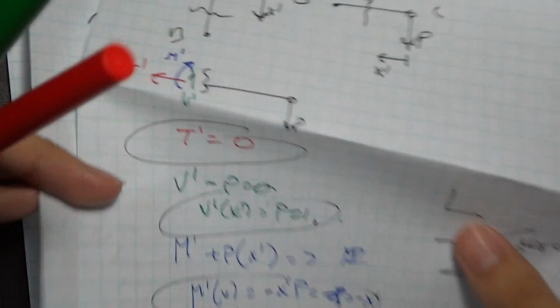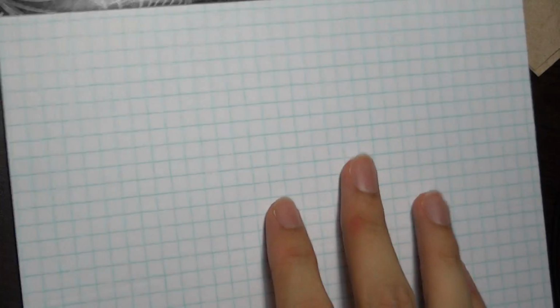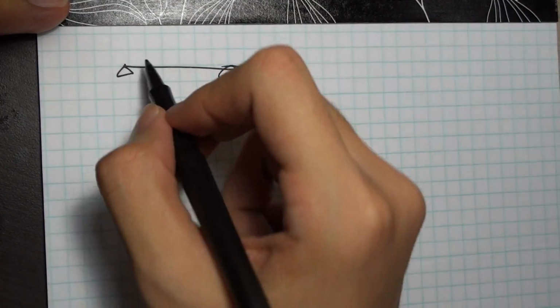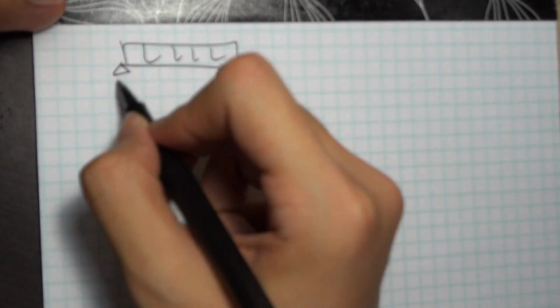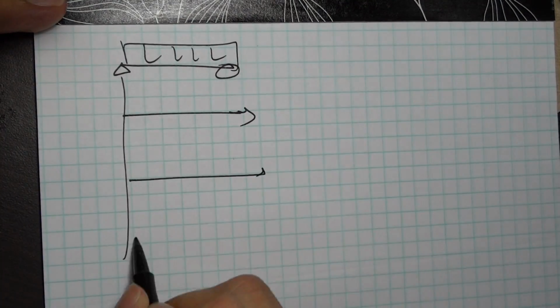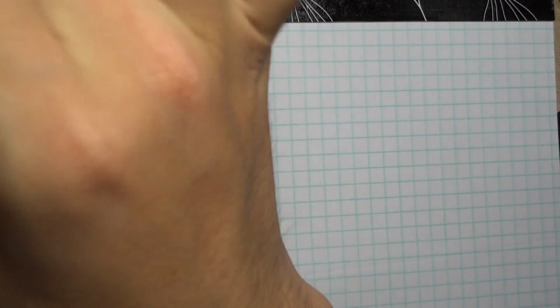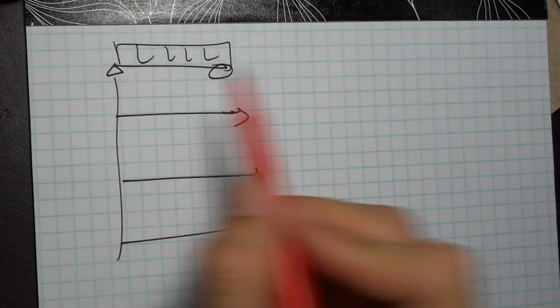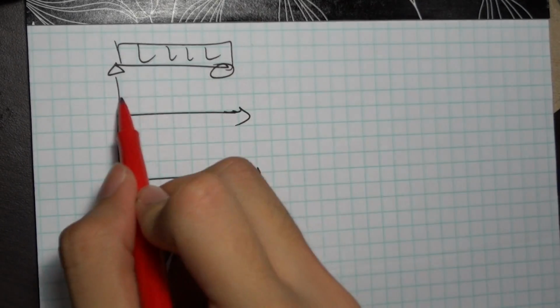Now, your moment and shear diagram graphs are just like any other graphs that you may draw. You draw your loads up here, and then you have your diagrams down here. Your axial force, I believe, is equal to 1.